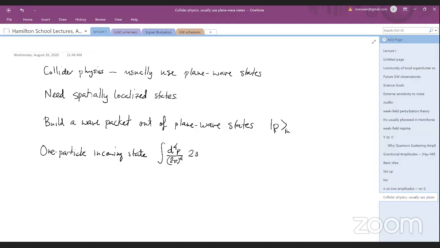Probably most people know what everything is here, but I will just say it out loud just in case. We have a Lorentz invariant phase space measure over here, and we have the on-shell delta function over here.